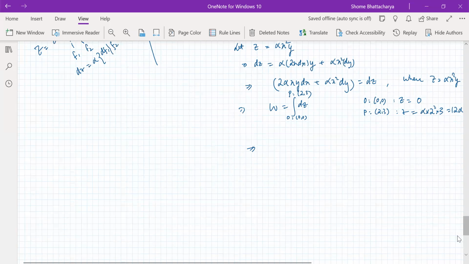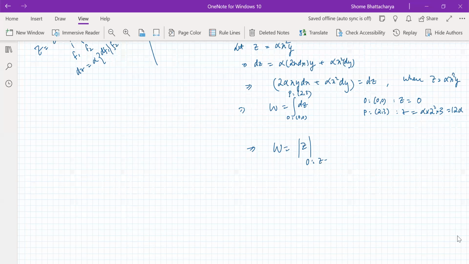So now you can see that this work done is Z from the point O where Z is equal to 0 to the point P where Z is equal to 12 alpha.